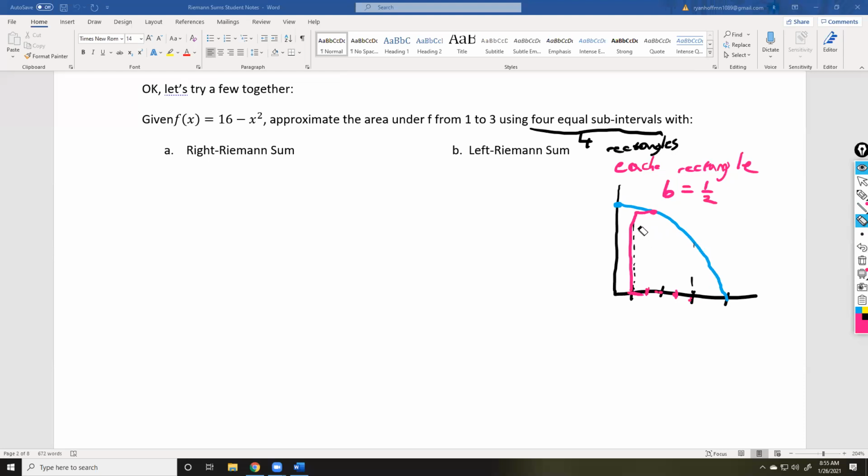So same diagram, same area, but we're going to do something slightly different to approximate it. This time, when in doubt, I'm going to choose the leftmost endpoint. So I'm still going to go from 1 to 1.5.